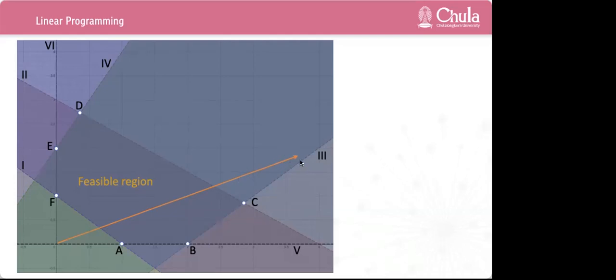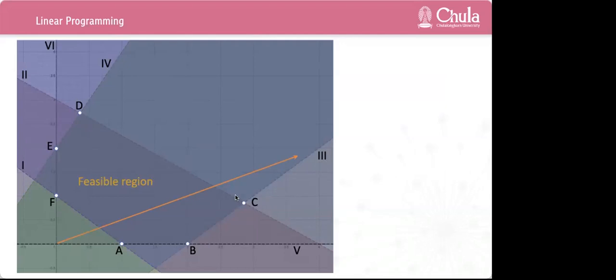Here we have the gradient of the objective function, so a plane normal to the gradient we call an isoprofit line. We try to move further in order to maximize the objective function. In this case, the last point in the feasible region is C, right?